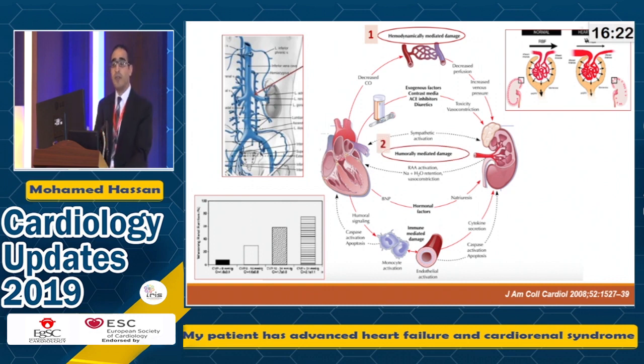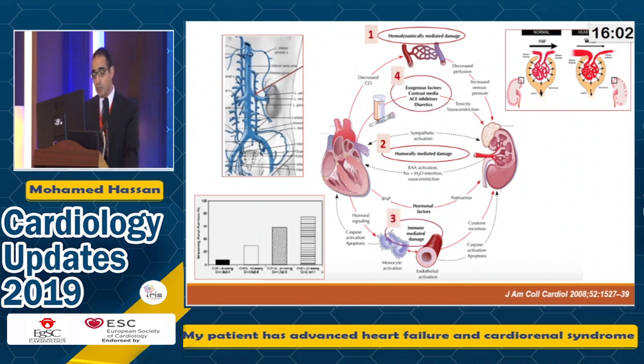The damage could be also humorally mediated. As we said, with an activation of the RAS system, vasoconstriction of the afferent arteriole can occur and decrease the renal blood flow. But also with RAS and sympathetic nervous activation, there is increased proximal tubular reabsorption of sodium and water, which leads to volume overload, worsening congestion, and oliguria.